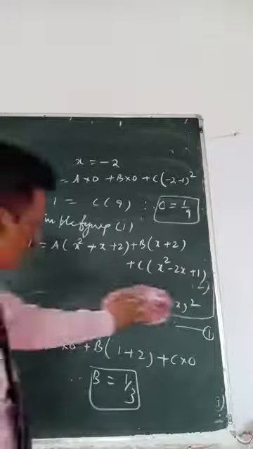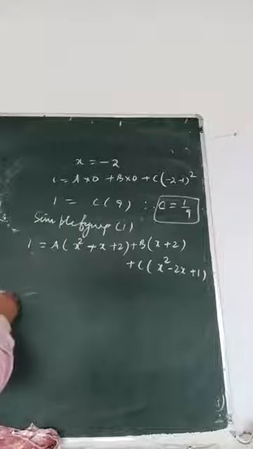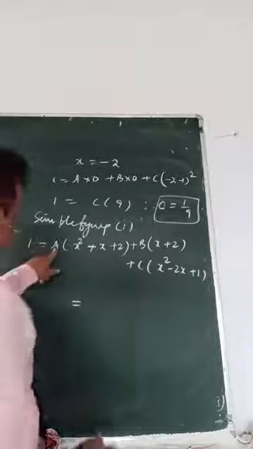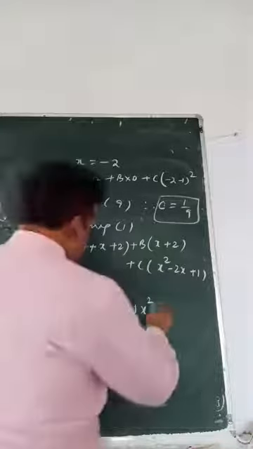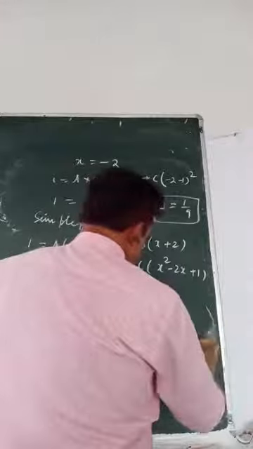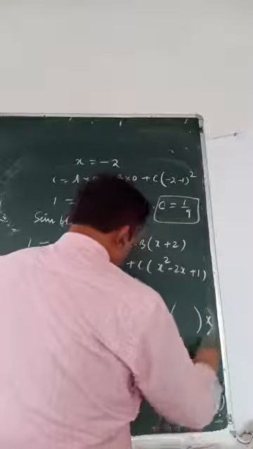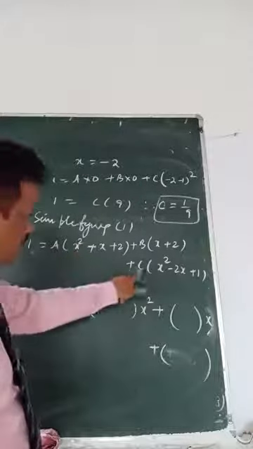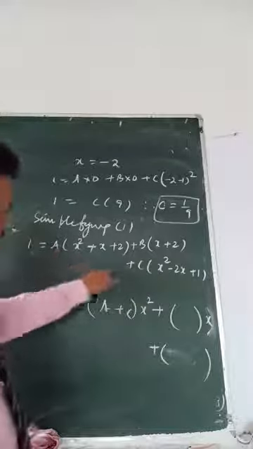Rearrange it. What the arrangement you do here is this left side you look at here. This time I will tell you what to write. Here is x square, then x, then constant. X square means a plus c. Once more, ax square, cx square.